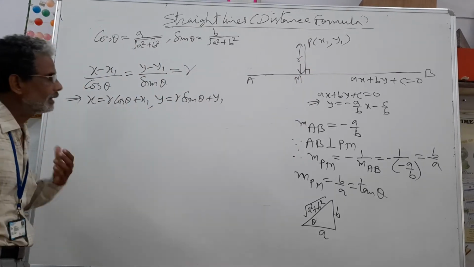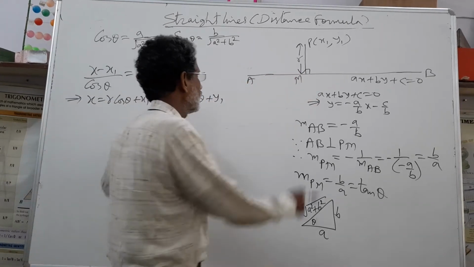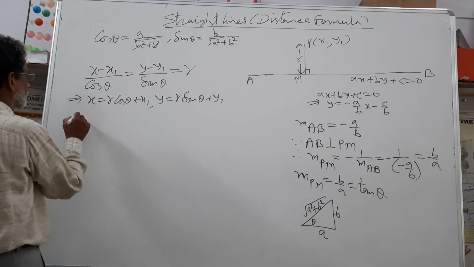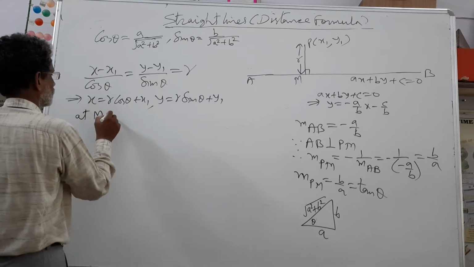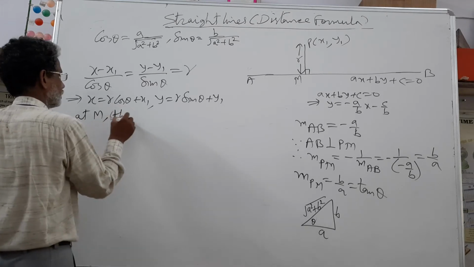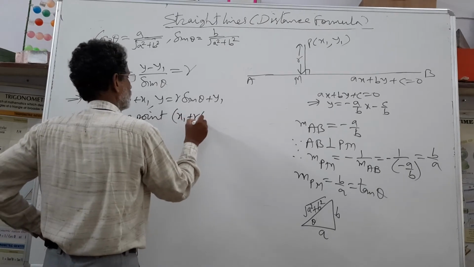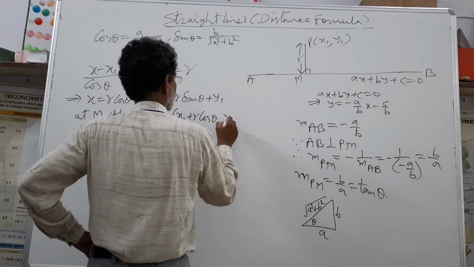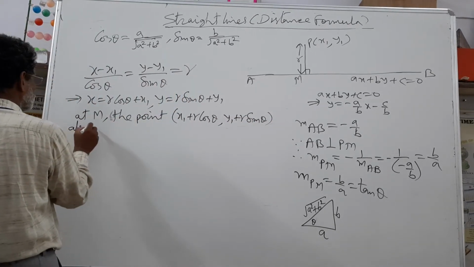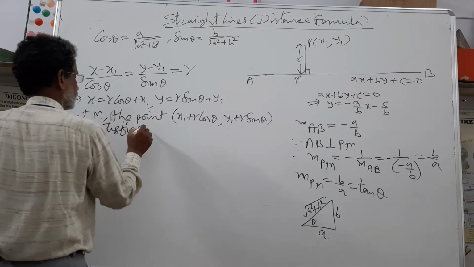But as we reach M, this general point also satisfies AB. So therefore, at M, the point (x1 plus r cos theta, y1 plus r sin theta) also satisfies AB.